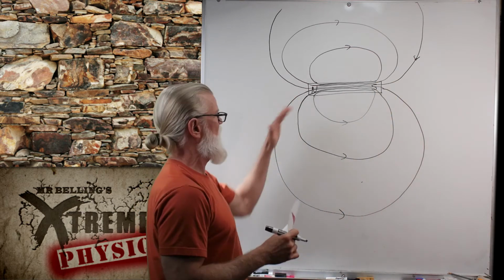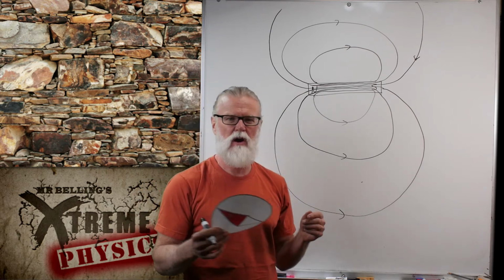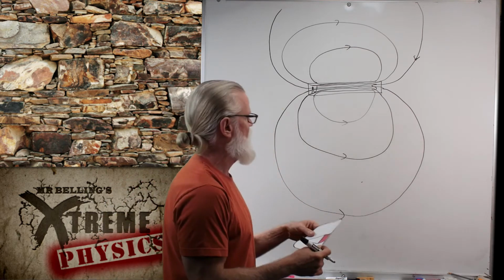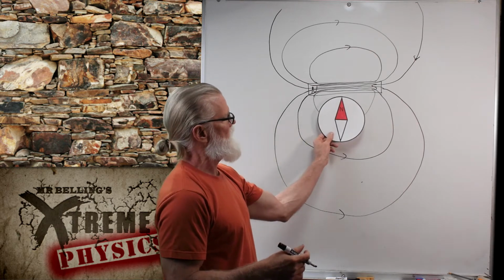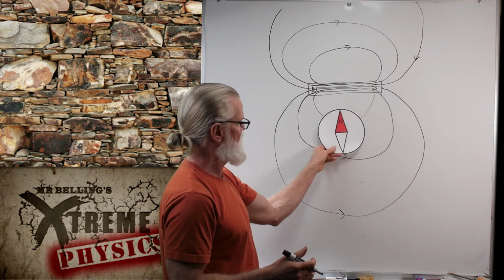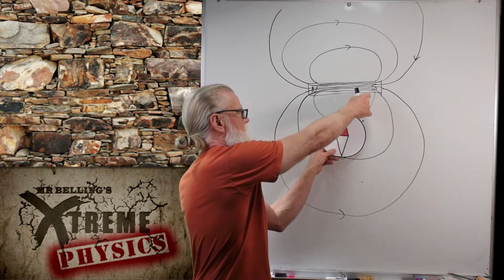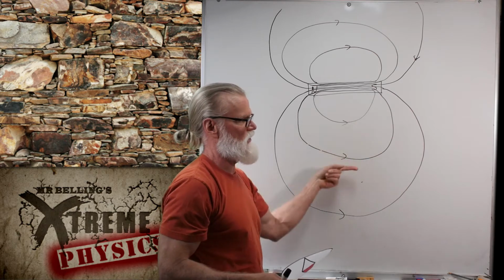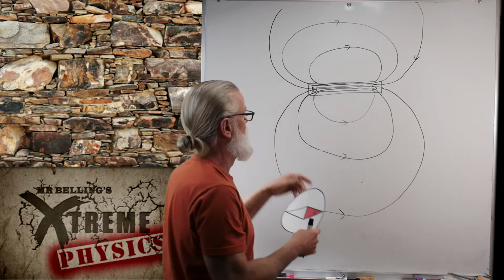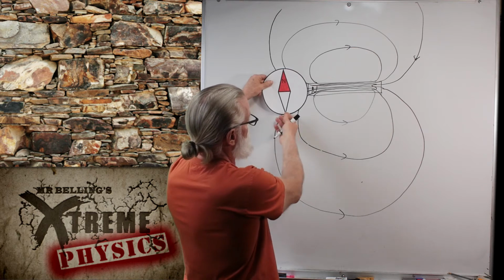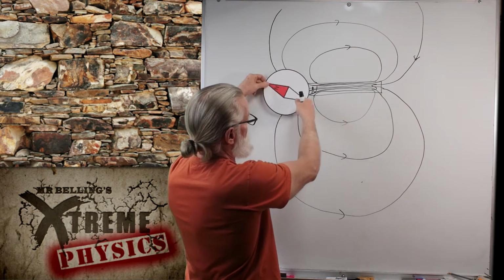So make sure you have the basic idea of how to draw the magnetic field lines around a bar magnet, and use a compass to aid you in your reasoning, right? If I were to slap a compass here, north attracts to south, so it's going to turn sideways. So any fields out here are going to be pointed this way. Clearly, if I put it near one of the poles, you can see that this is going to turn like this.